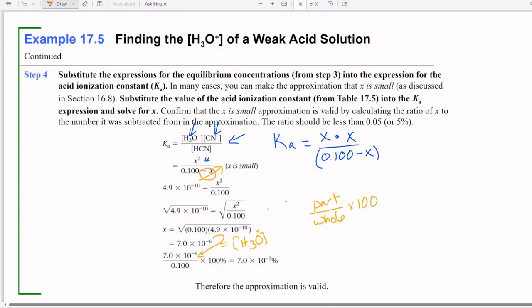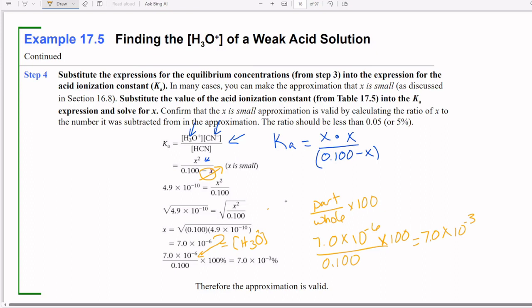And so we're going to plug in the amount that we're subtracting for X, which was 7.0 times 10 to the minus 6, divided by the initial amount, which was 0.100, and times 100, and what we got was 7.0 times 10 to the minus 3. And that is much less than 5%.